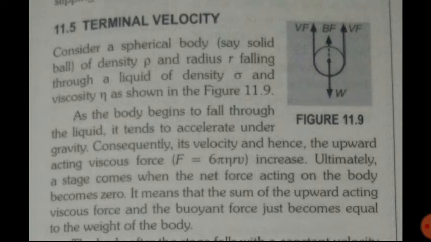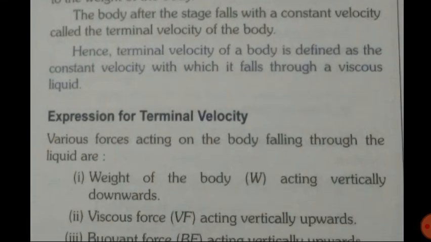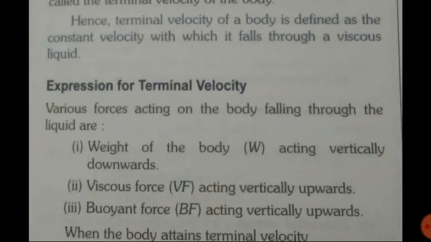Initially the velocity was increasing, but after the balanced condition the body falls with a constant velocity, and that velocity is called the terminal velocity. Hence, terminal velocity of a body is defined as the constant velocity with which it falls through a viscous liquid. So this was the definition.